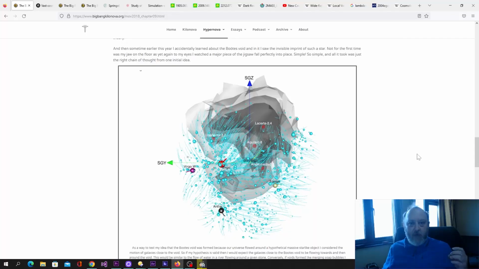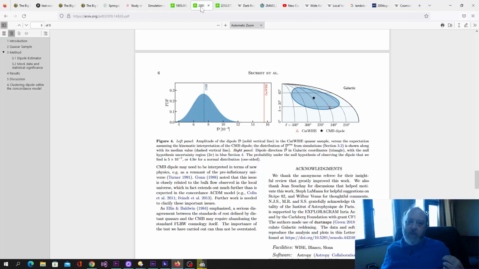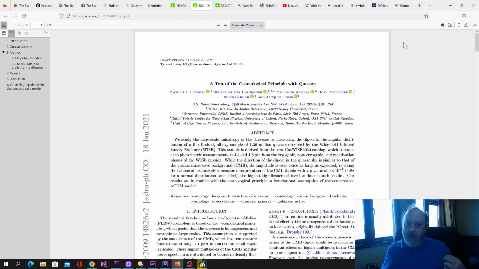Plus, it is also how, though until actually specifically looking at these two very specific papers here, I haven't really given much thought to the CMB dipole.